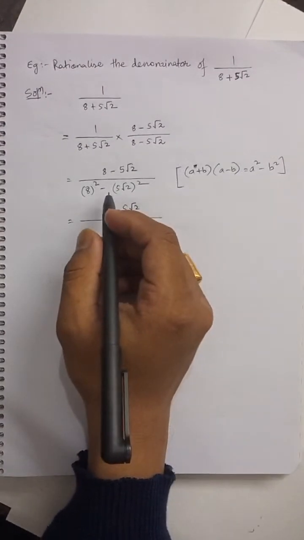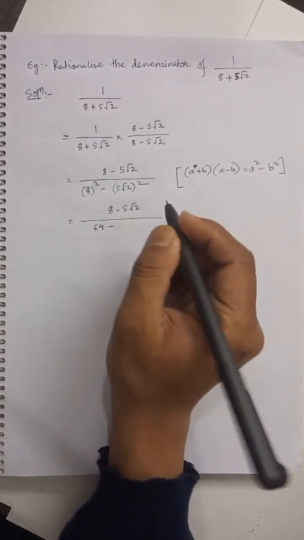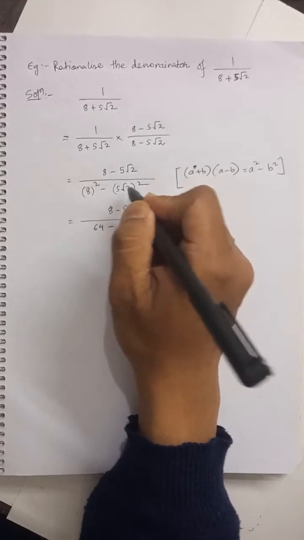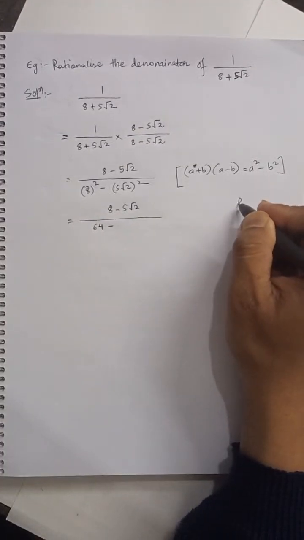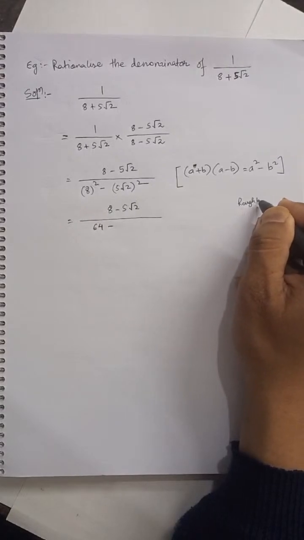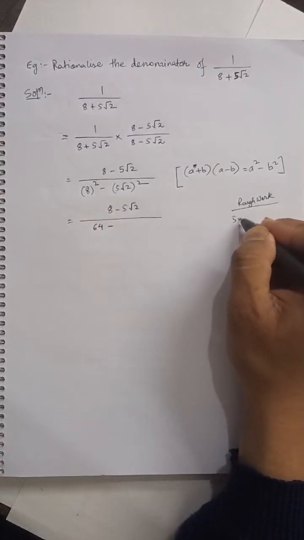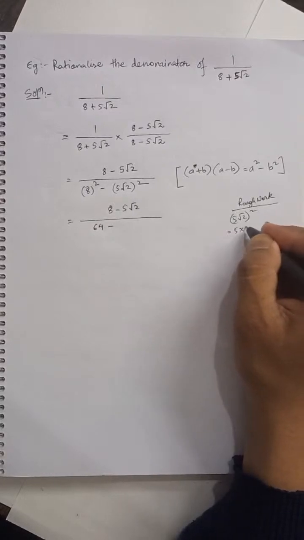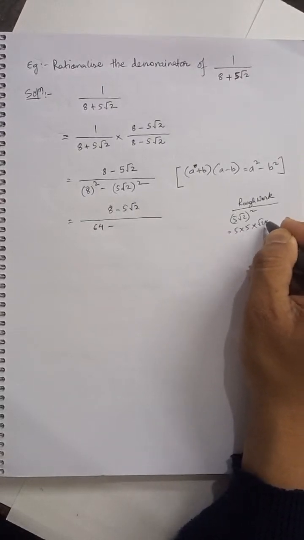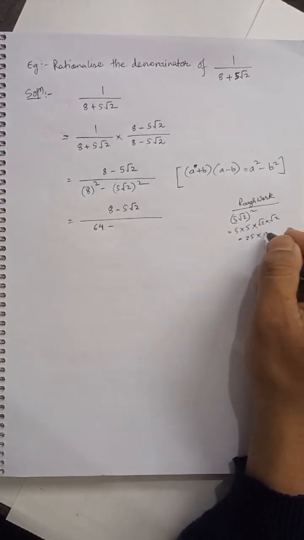And then what is 8 square? 8 square is 64. And now see how to solve this part, 5 root over 2 whole square. This is rough work. So 5 root over 2 whole square means 5 into 5 into root over 2 into root over 2. 5 into 5 is how much? 25. Root over 2 into root over 2 is 2.